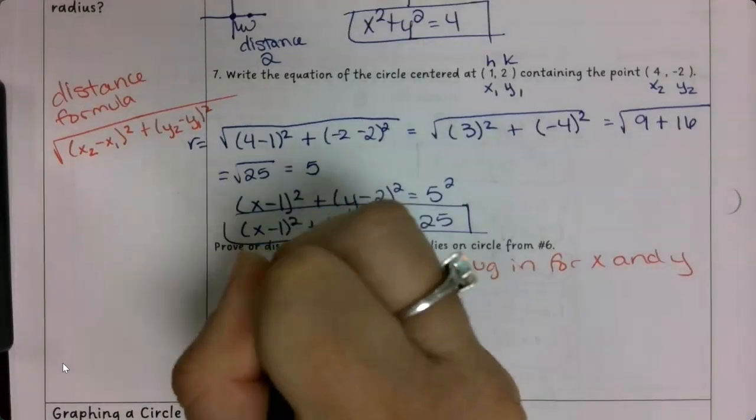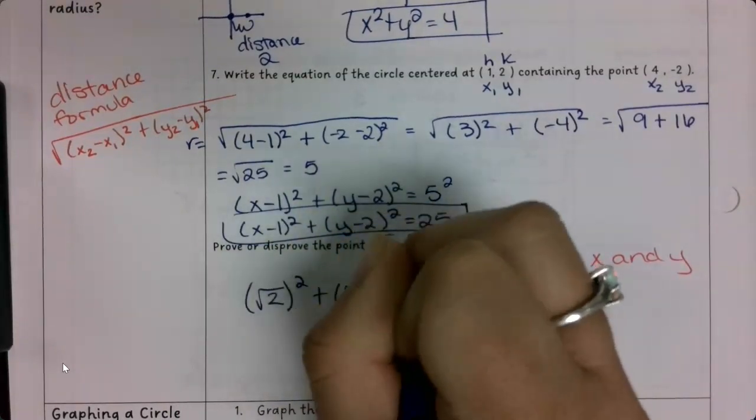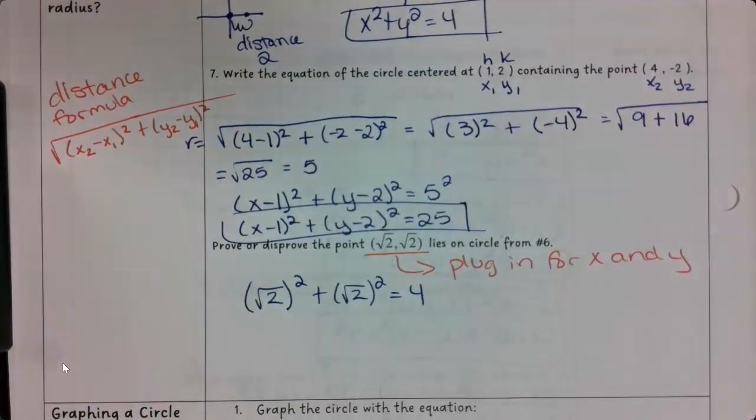So I'm going to have the square root of 2 squared plus the square root of 2 squared equals 4.